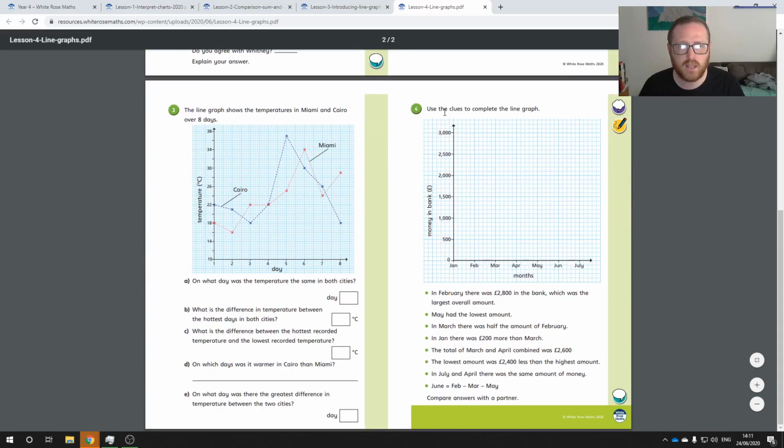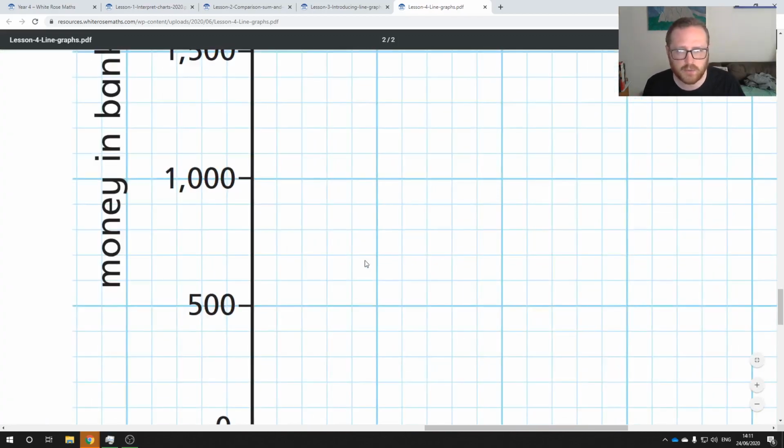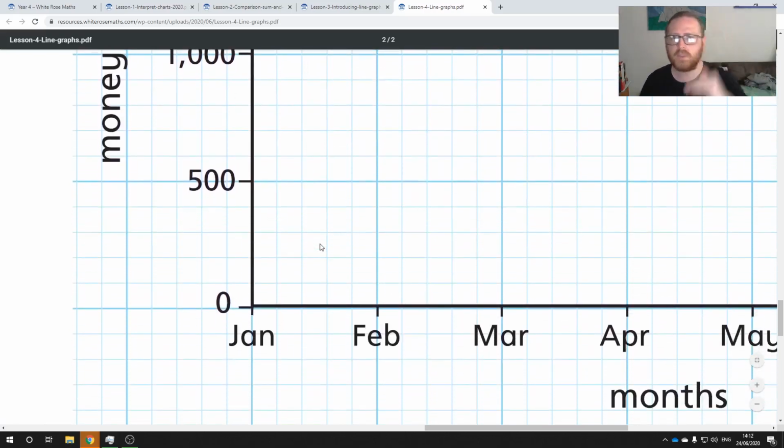You've even got to use your clues to complete the line graph, and look, all of these tiny little squares here. When the scale changes, you're going to have to think about how much each of those tiny squares is worth. Okay, so here's 500.